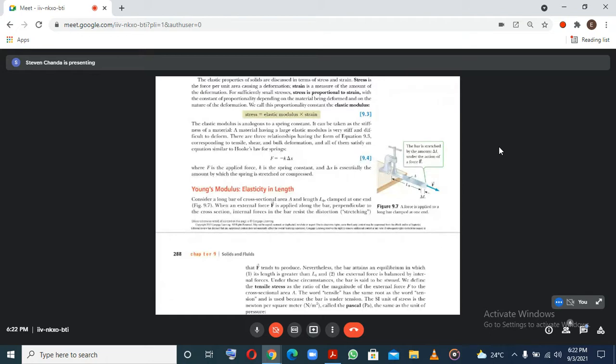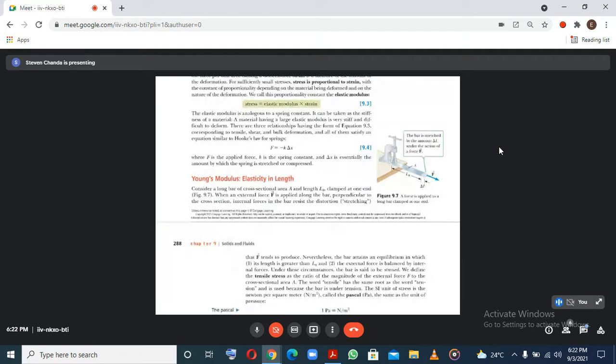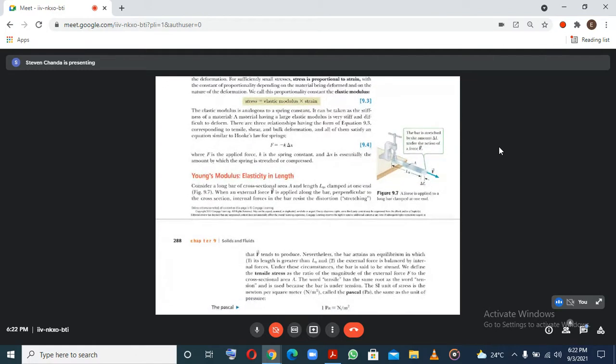Then strain is the amount of deformation. So stress is the force per unit area, or the pressure that causes deformation. Then the amount of deformation is the strain. So for sufficiently small stresses, stress is proportional to strain.